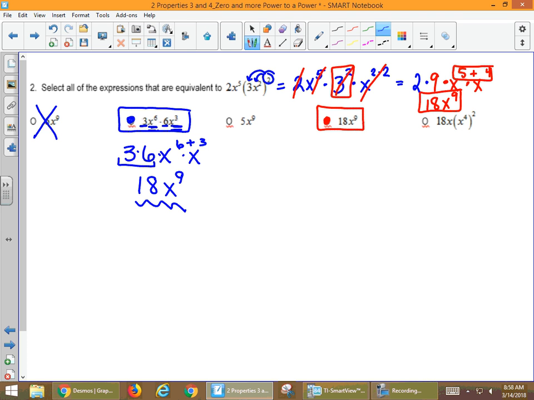So again, when you see a select all that apply, it's not one problem, it's like 3 or 4 or 5 little mini problems. Anything else we know cannot be the right answer, what am I definitely not going to pick? Yeah, 5x to the 9th is ridiculous. Let's try this one.